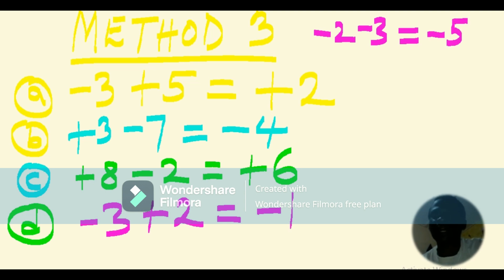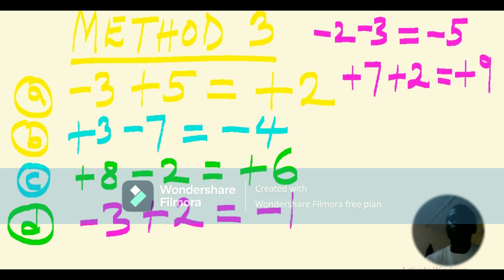Also, if I have something like plus 7, then plus 2, plus 7 plus 2. Both of them have positive, so I'm going to write positive. Then, because they have the same sign, add them together. 7 plus 2, that is 9. So my answer is positive 9.